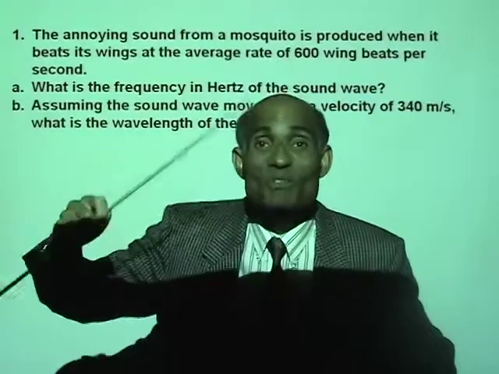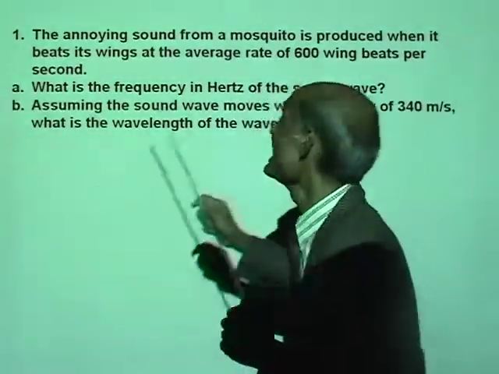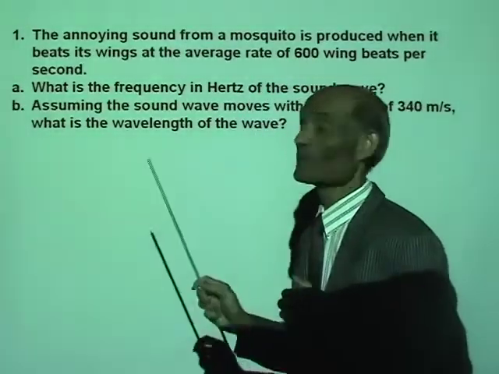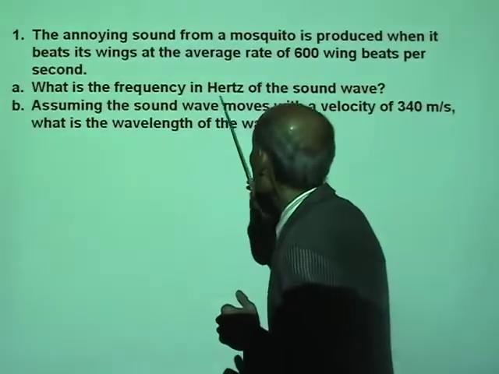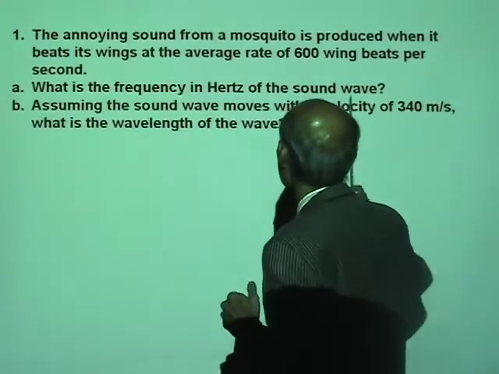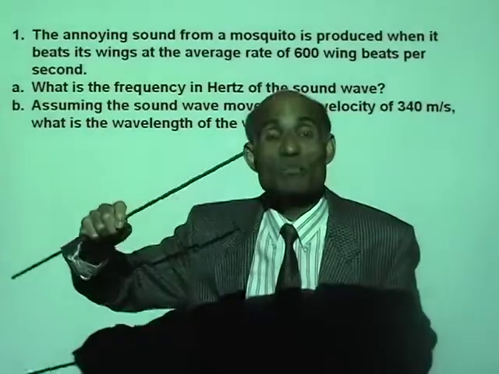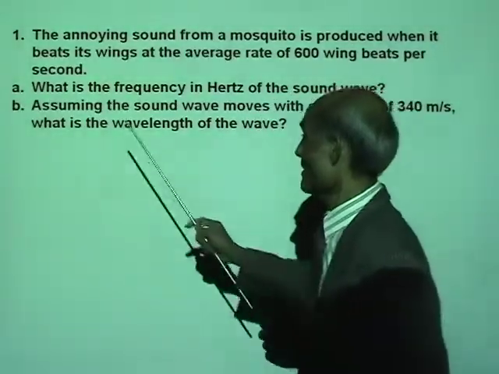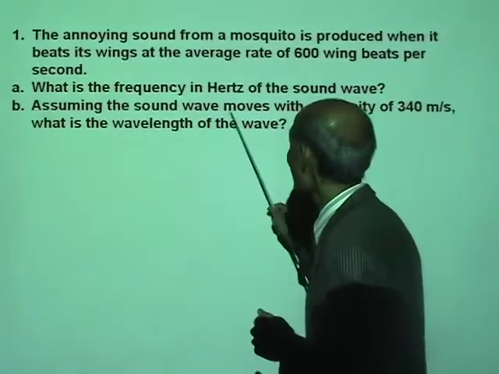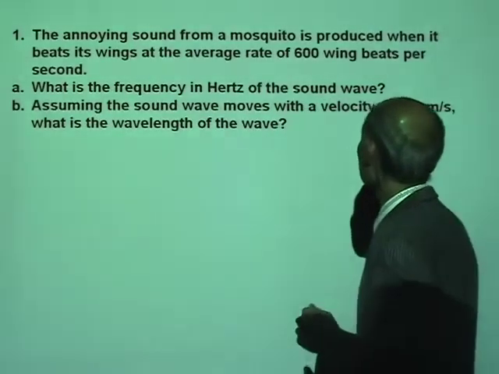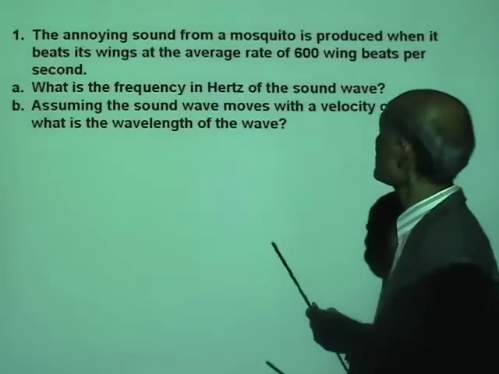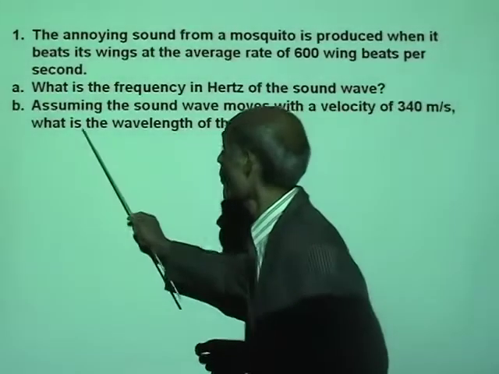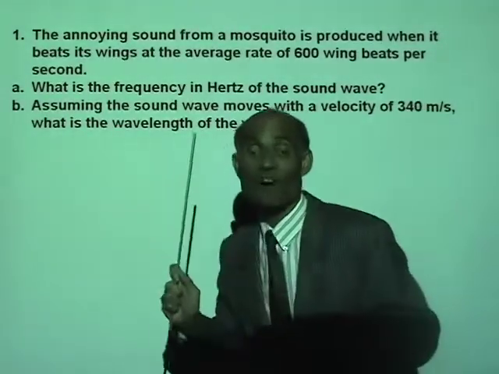It means the frequency of vibration is 600. What is the frequency in hertz of the sound wave? The frequency is the number of vibrations per second. Assuming that the sound moves with the velocity of 340 meters per second, what is the wavelength of the wave?